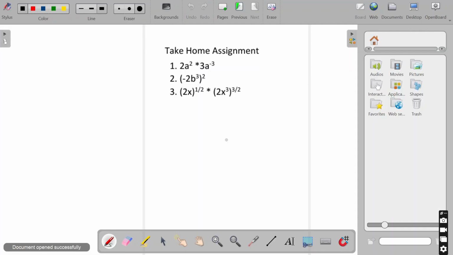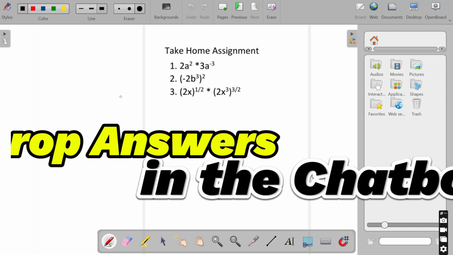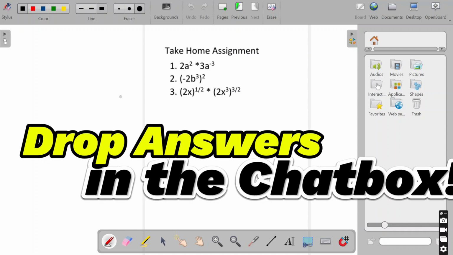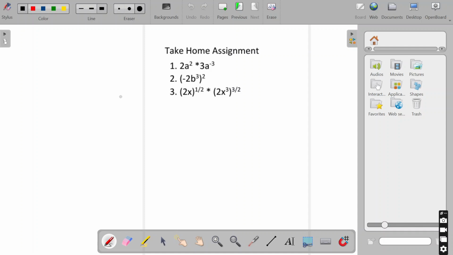So just solve them and comment your answers in the comment box below. We'll go over them in our next video before we go into part 2 of the law of indices.